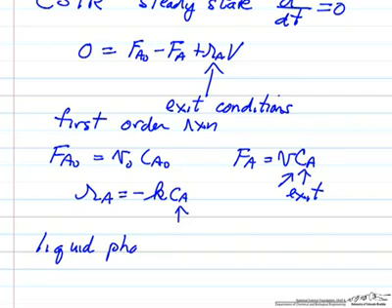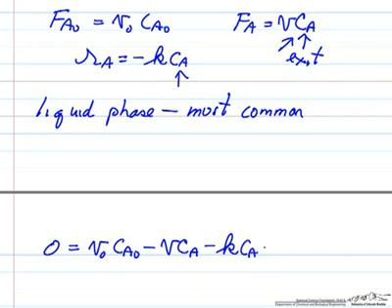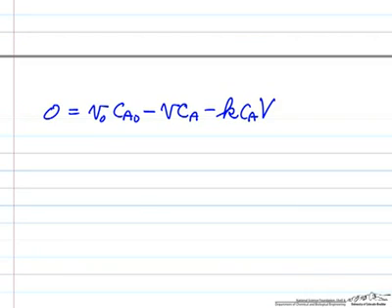If it's liquid phase, of course, this is the most common condition that we have, a liquid-phase tank. If we substitute into the mass balance, we'd have volumetric flow rate times concentration in, minus volumetric flow rate times concentration leaving, minus kC_A times volume.